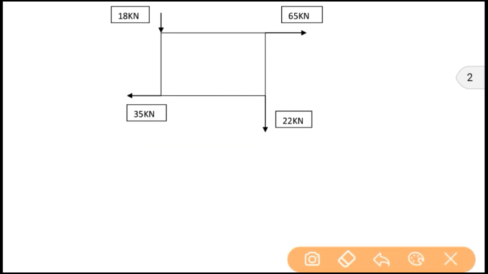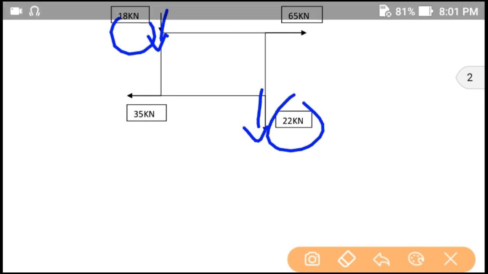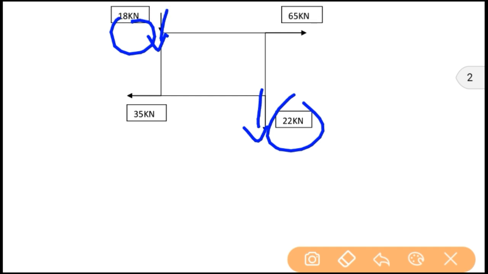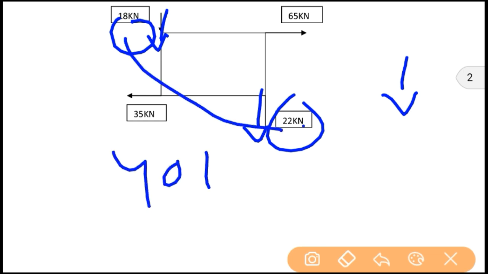Similarly, we have vertical forces of 22 kilonewton and 18 kilonewton. Both are downwards, so taking downwards as negative, we have 22 plus 18, that is 40 kilonewton.